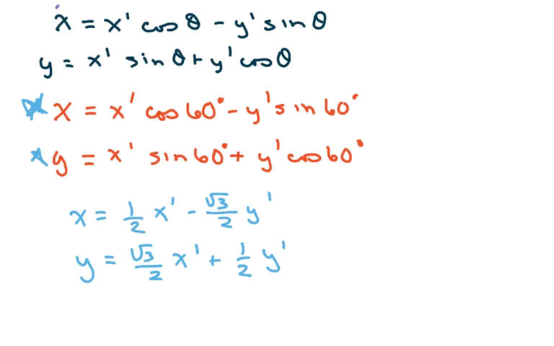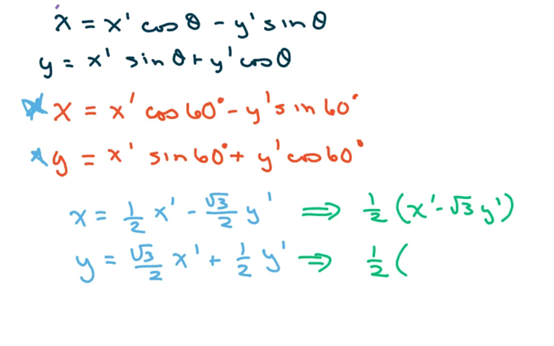And to simplify it further, I'm going to pull out a 1/2 here, and you get x prime minus square root of 3 y prime. And for this one, I'm going to pull out a 1/2, and you get square root of 3 x prime plus y prime. And that is our solution right there.